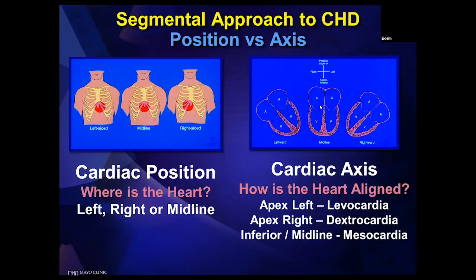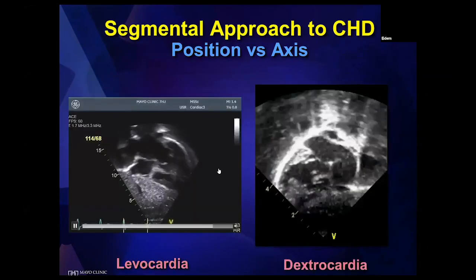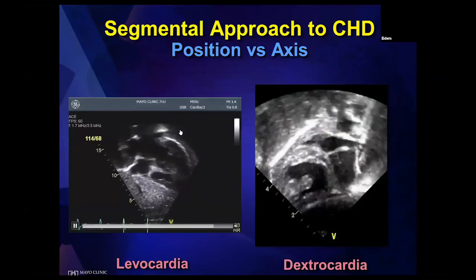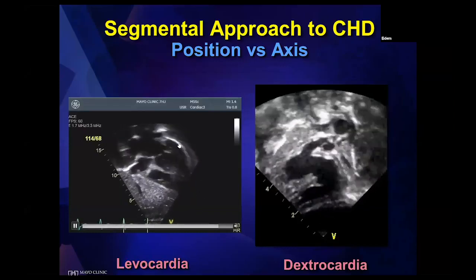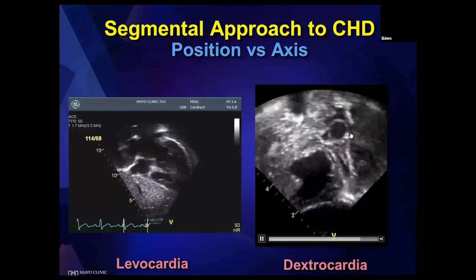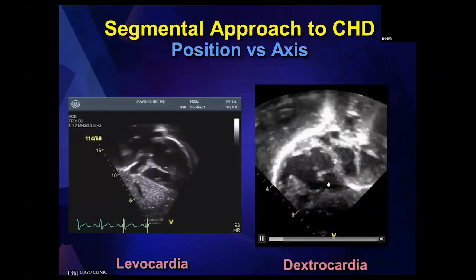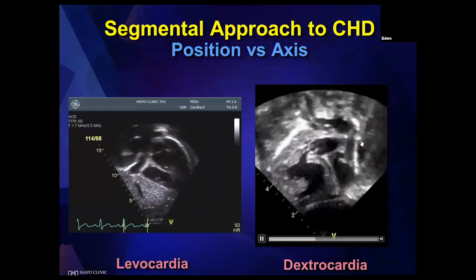And here in the middle, the base apex axis is in the midline, and we call that mesocardia. Here's a nice example from the subcostal imaging plane of levocardia. Contrast that with the base apex axis here in a baby that has dextrocardia.